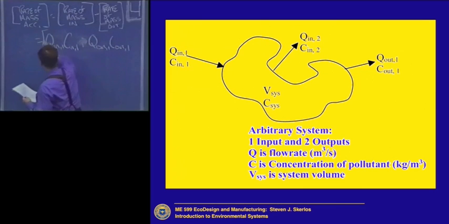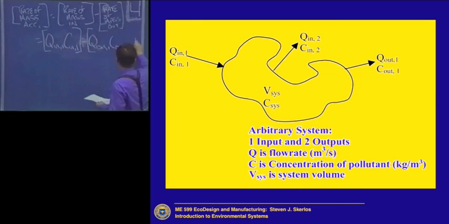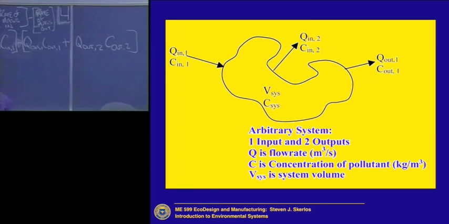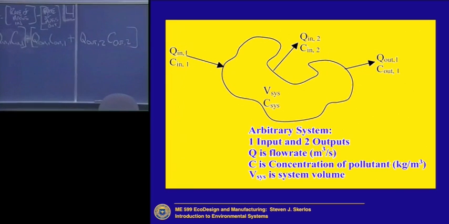This is the rate that mass is coming in minus the rate at which it goes out. Also, in your diagram, there's one input and two outputs. Yes.